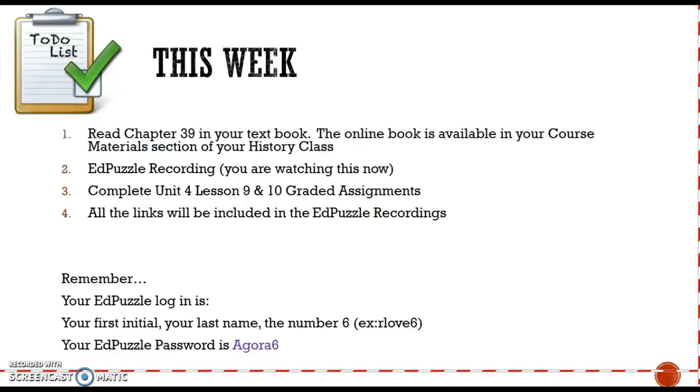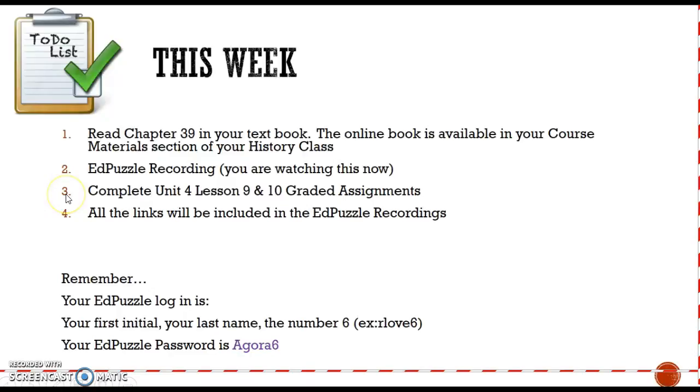This is an important slide. If you go into the online school, these slides are available under the lessons, Unit 4, Lesson 9, and Lesson 10. But you can always come back to this page right here to check off and make sure that you have done everything on this list. So the first thing is, if you have not read Chapter 39, you should be doing that first. The Edpuzzle recording, you're watching that right now, so you're good to go on that.